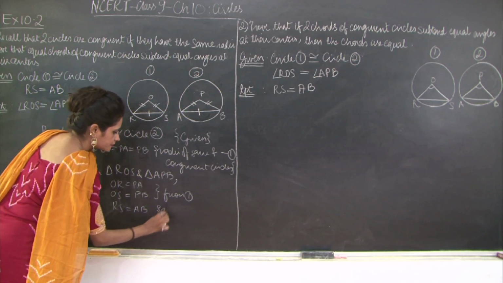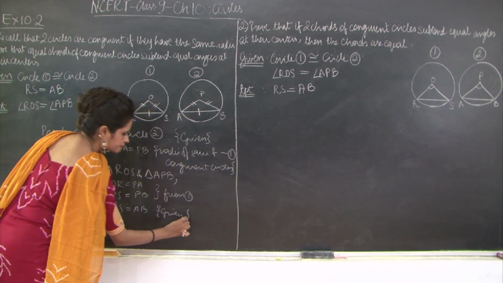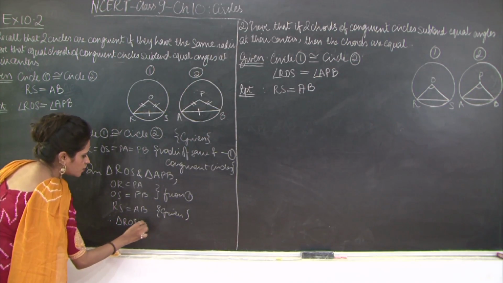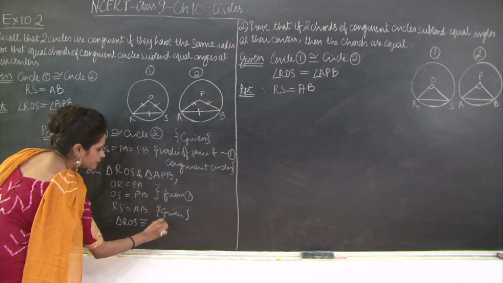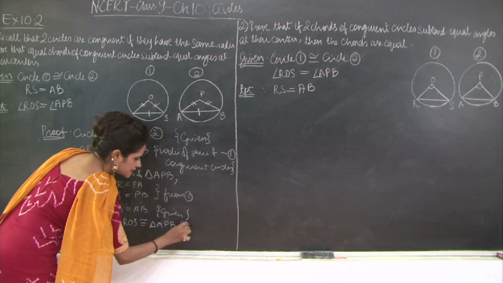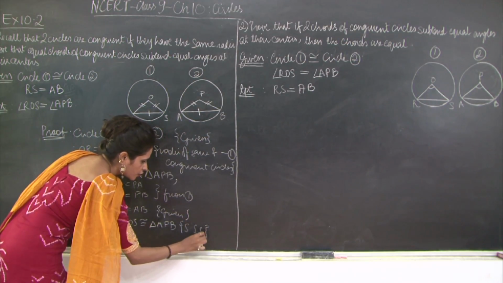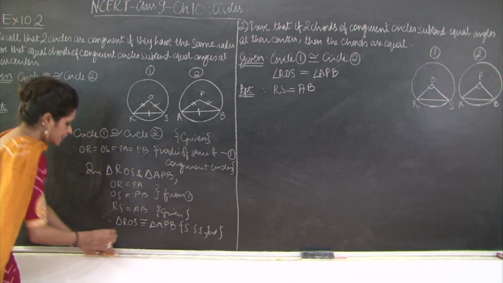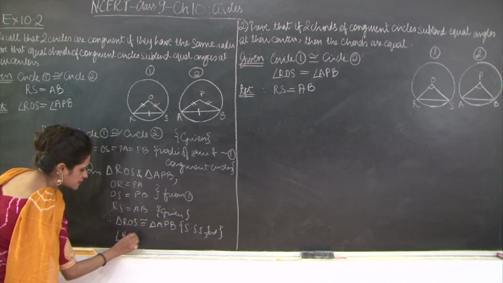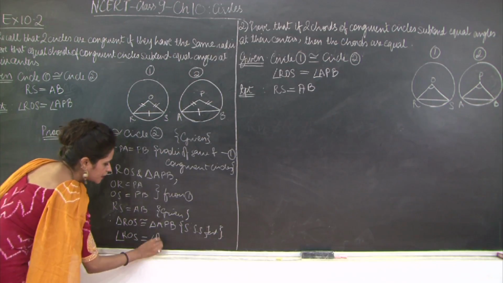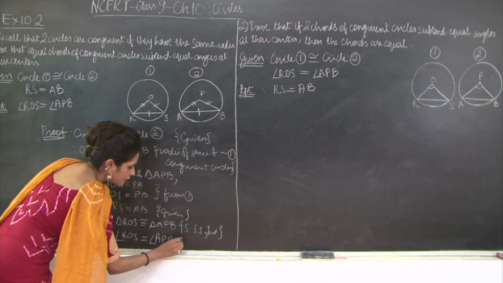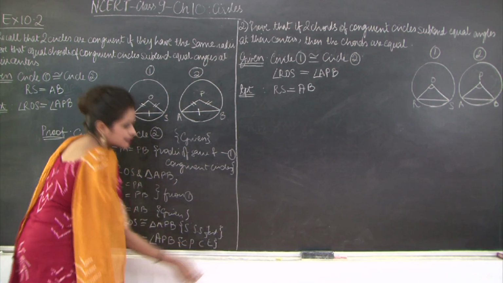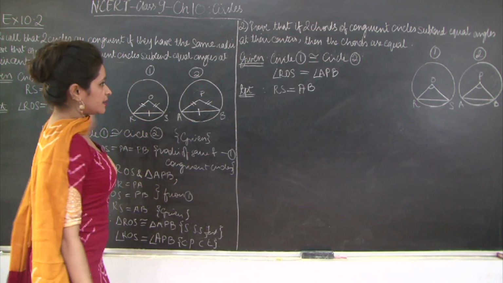This is given. Therefore, triangle ROS is congruent to triangle APB by the side test of congruence. Therefore, I can say that angle ROS is equal to angle APB by corresponding pair of congruent triangles, or CPCT. So, this was about question number 1.